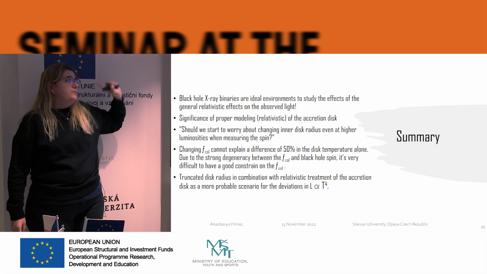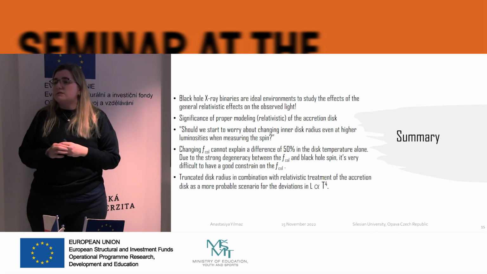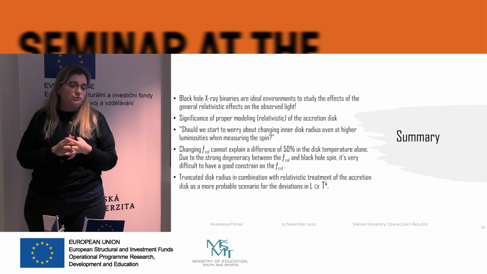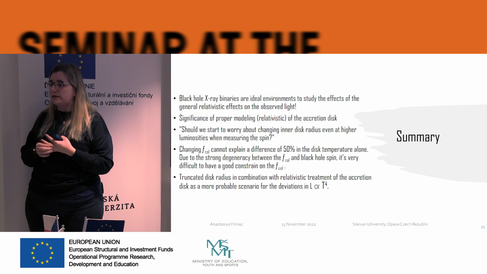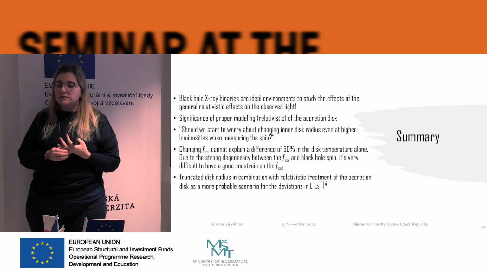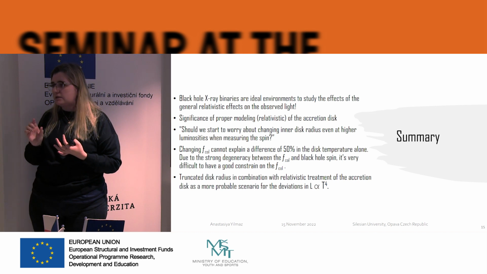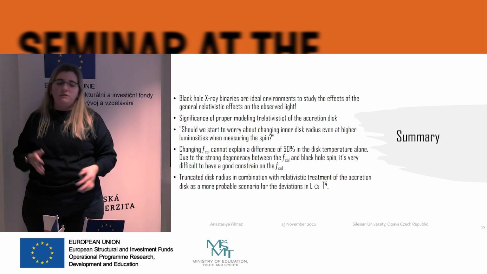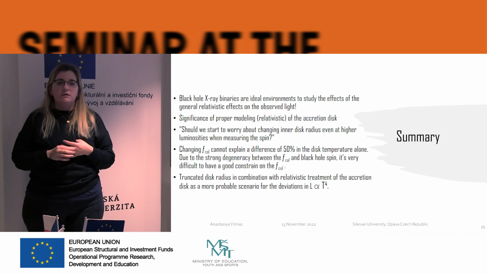But one of the biggest takeaways is: should we really rely on defining our inner edge at the ISCO all the time when we want to measure the spin? There is a big variance even in the high soft state. If we still assume that, then we are in a big problem.